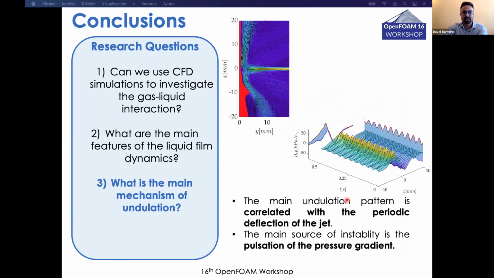And finally, we extended the mPOD to correlate the undulations with the periodic deflection of this side jet in the gas. Most interestingly, we found that the main source of instability for this configuration is the pulsation of the pressure gradient, which periodically modulates the wiping efficiency.